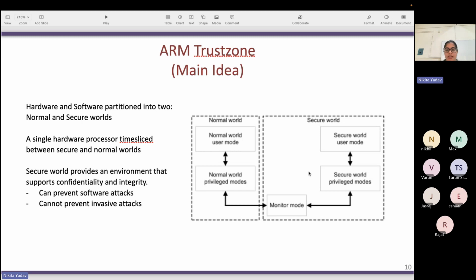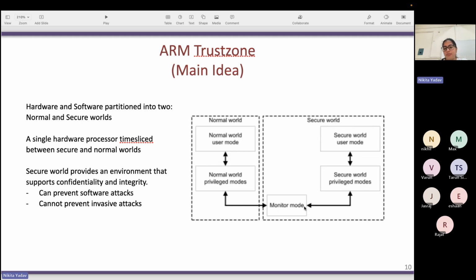So what is running in the secure world? Your secure world has three layers. The first, the most unprivileged layer, is the secure world user mode, where applications are going to run. The next layer is the secure world privileged mode, where your secure world operating system is going to run to manage these applications.